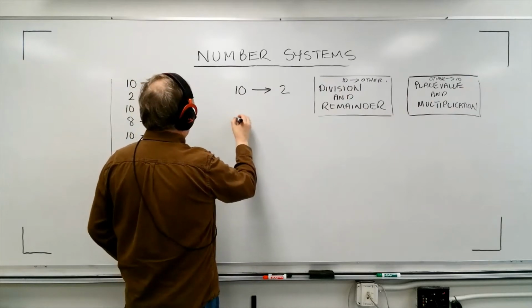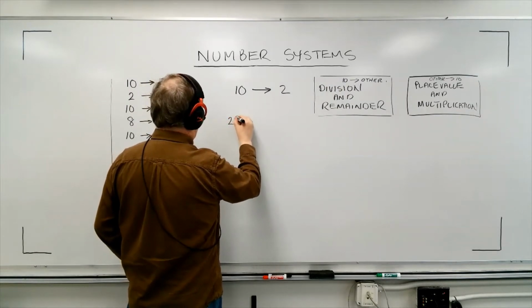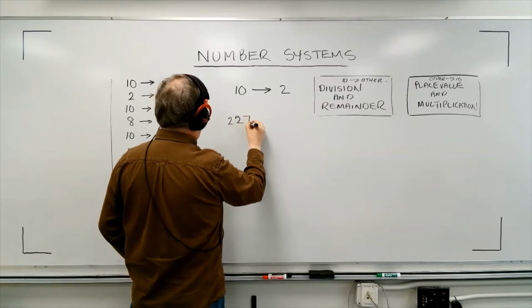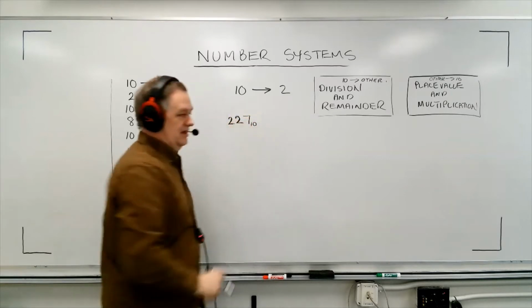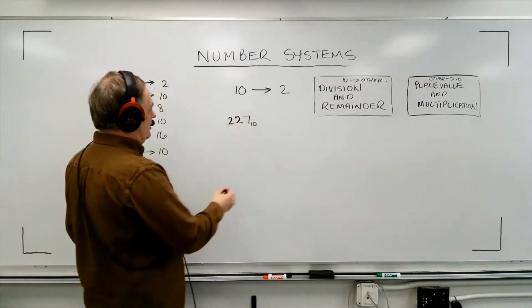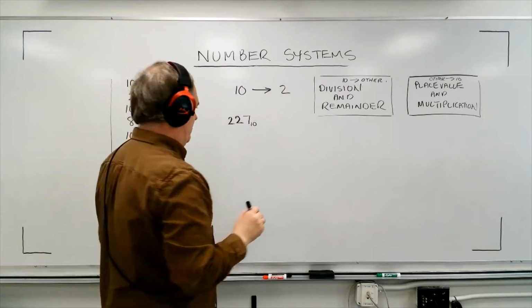So I'm going to start by using a number like 227. This is a base 10 number, 227. And I want to know, what does this look like in ones and zeros in a binary number?